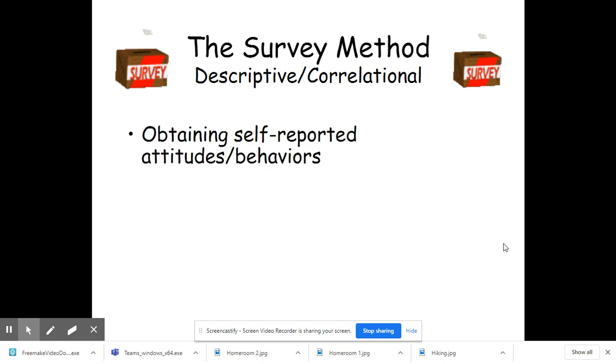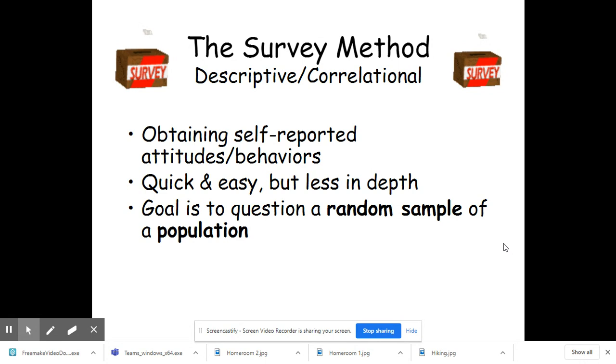A survey is a way to obtain self-reported attitudes about something, whether it is your feelings about President Trump or how good the cafeteria food is at Ardrey Kell, or really anything. You all know what a survey is. The good thing about them is they're quick and easy, but they're less in depth. One of the problems is that if people get them in the mail or by phone calls, a lot of times they don't do them.